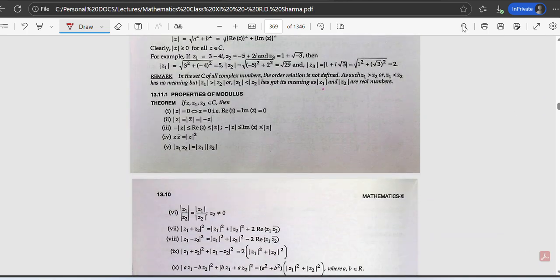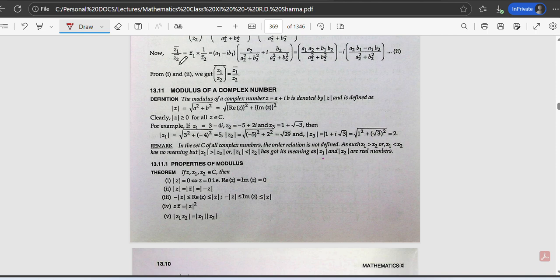Okay, next concept I can tell you is modulus. So modulus of a complex number: let's say z is a complex number 3 plus 4i. If you want to find the modulus, it is denoted like this, |z|, and that is equal to square root of real value square plus imaginary value square, which is 4 square.